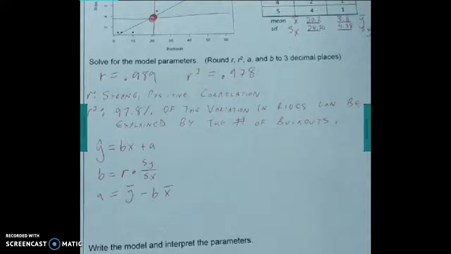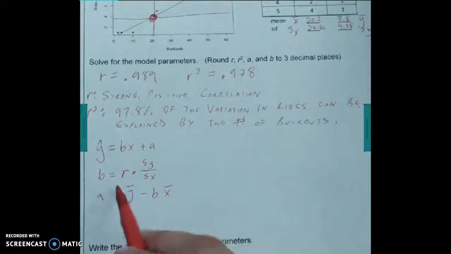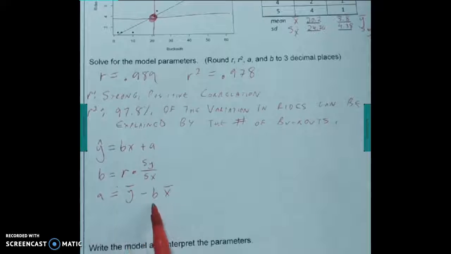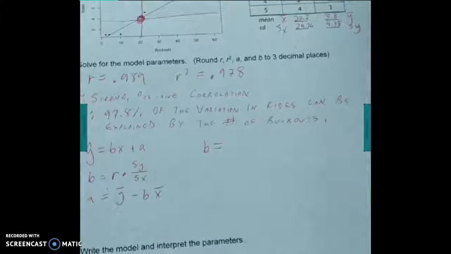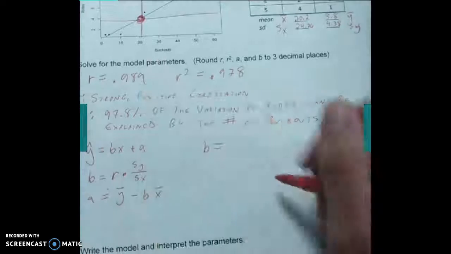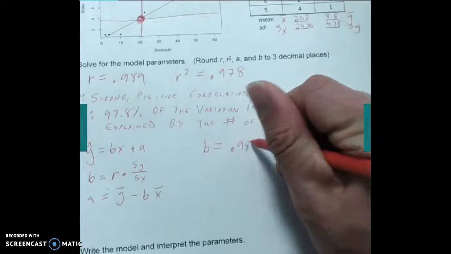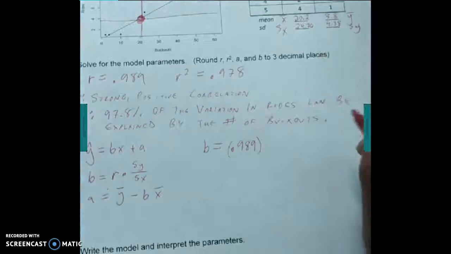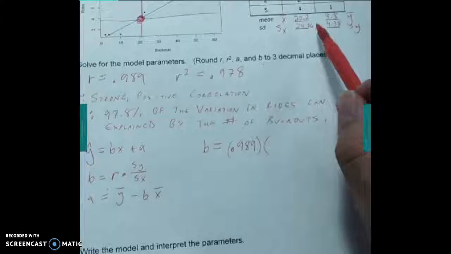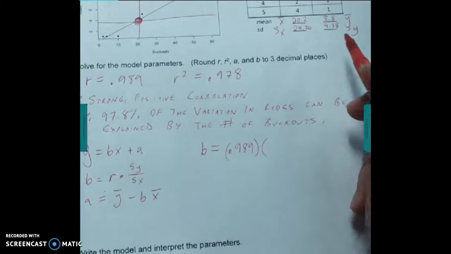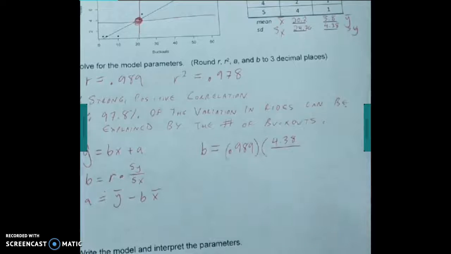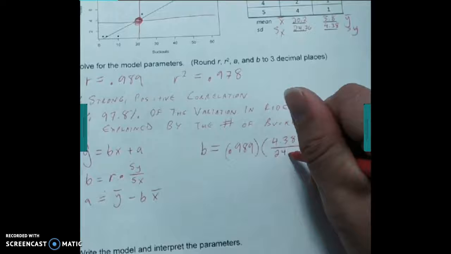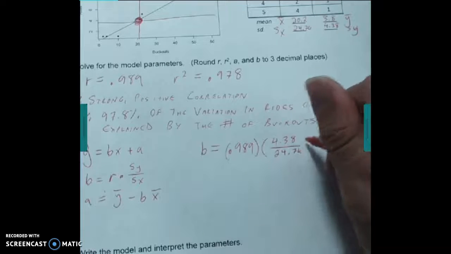So we should logically start at b, because I don't have this b yet, so we need to calculate the b. So I'm going to come over here. B is r, the correlation of 0.989, times standard deviation of y, which is 4.38, divided by standard deviation of x, which is 24.76.